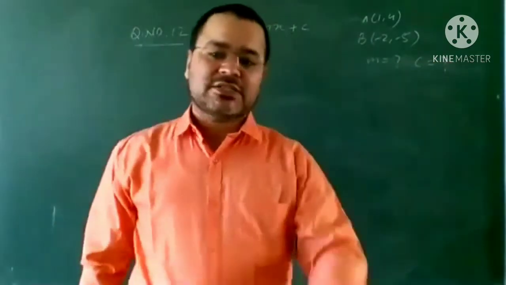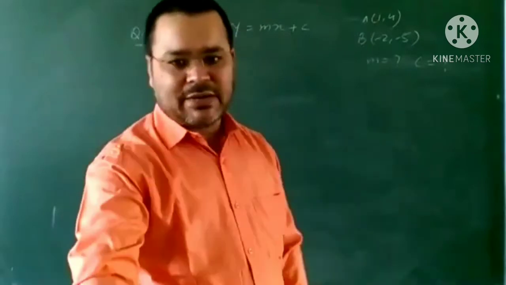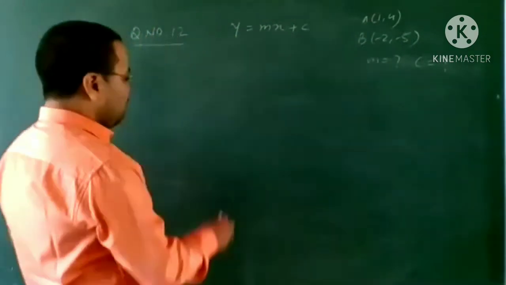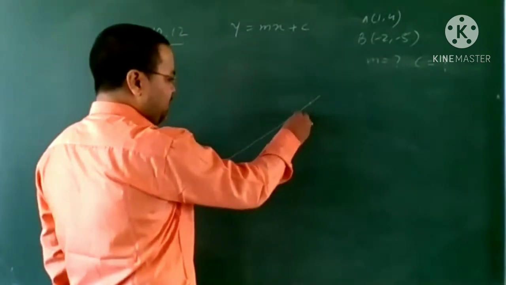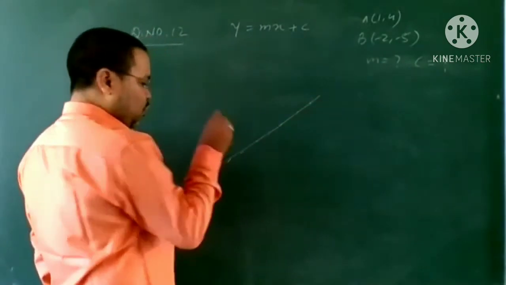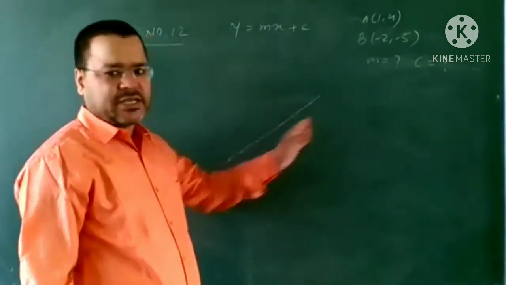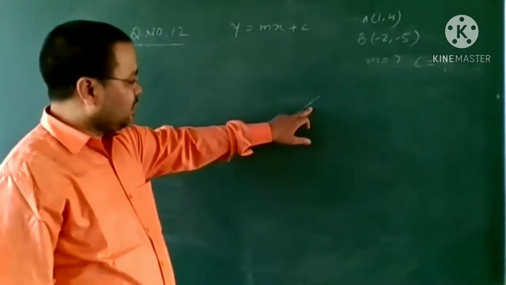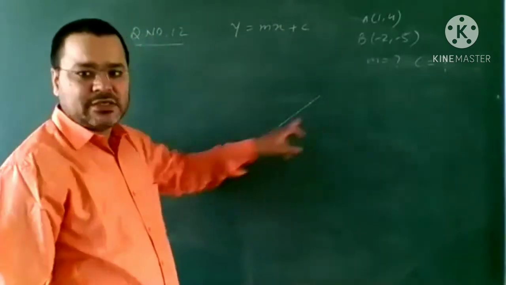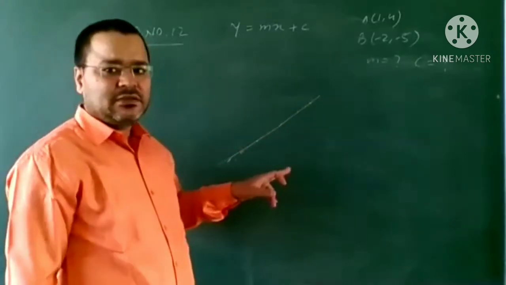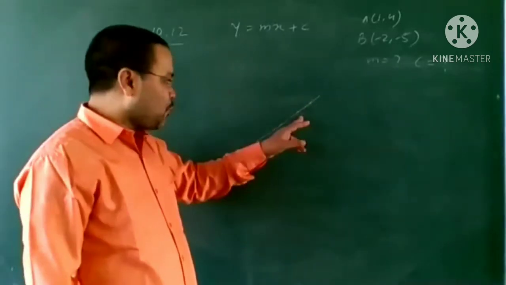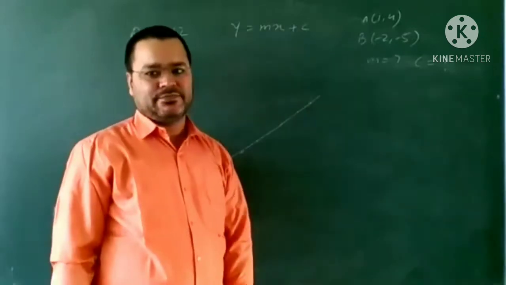Okay. So first of all, try to understand with an example. Look here. If this is the line, there are several points on this line. If any point lies on this line, in that case that point will satisfy this equation.